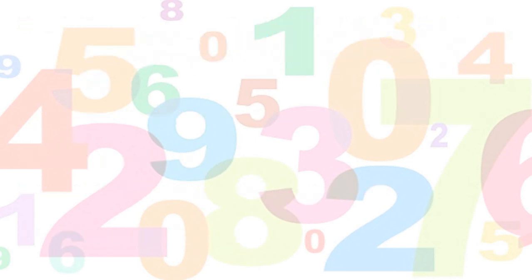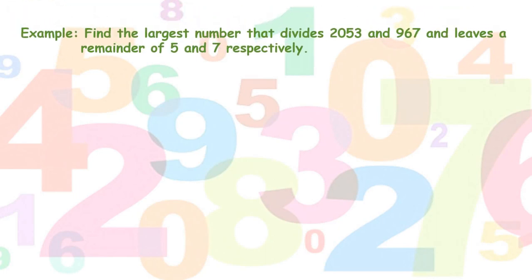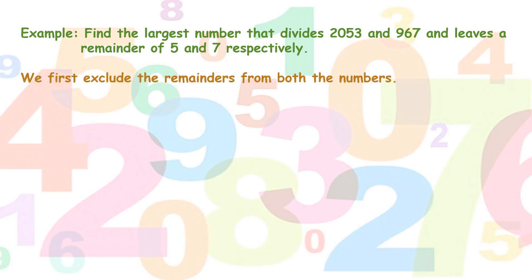Next example. Find the largest number that divides 2053 and 967 and leaves a remainder of 5 and 7 respectively. Okay students, according to the division algorithm, when we exclude the remainder from the dividend, then the dividend is completely divisible by the divisor, right? So we first exclude the remainders from both the numbers. So 2053 minus 5 is 2048 and 967 minus 7 is equal to 960.